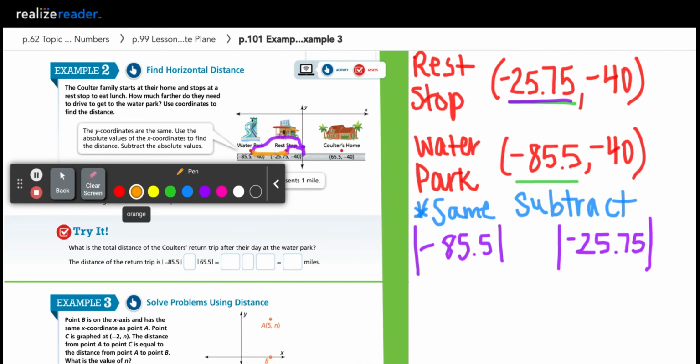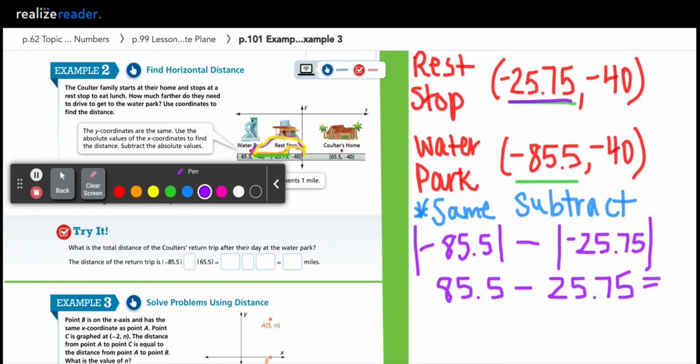So if I take the whole distance and then I'm subtracting part of it, I will be left with that middle remaining distance. So let's find the absolute value here. The absolute value of negative 85 and 5/10 is going to be 85 and 5/10 minus the absolute value of negative 25 and 75 hundredths, which will be 25 and 75 hundredths.